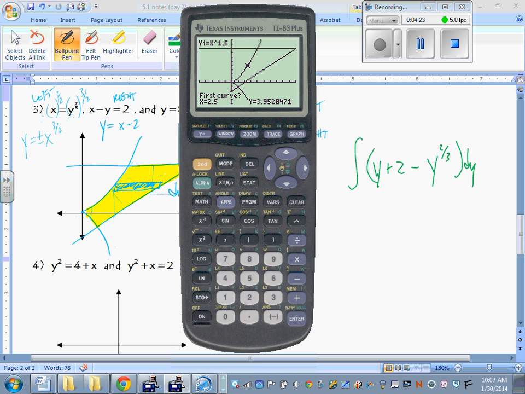So if you hit the up or down arrow, the down arrow brings me to y sub 2. This is the graph I want. I'm going to just move it a little bit closer. So enter, and then it jumps to y sub 3, this line, x minus 2. That's the other line that I want to find the intersection point with. So I'm going to hit enter, and enter one more time.